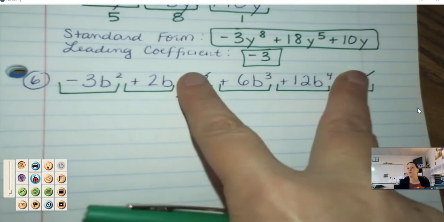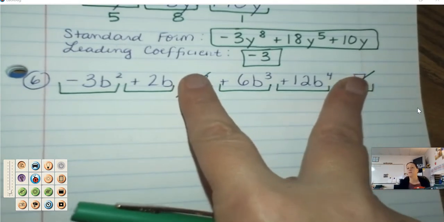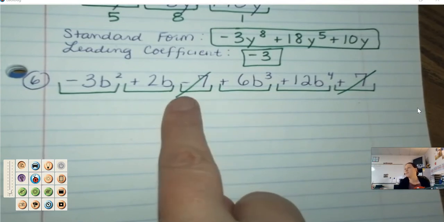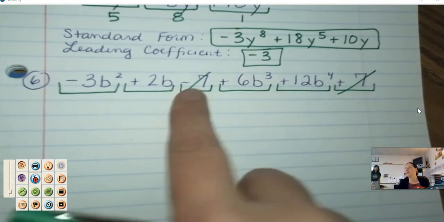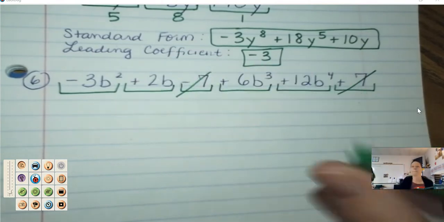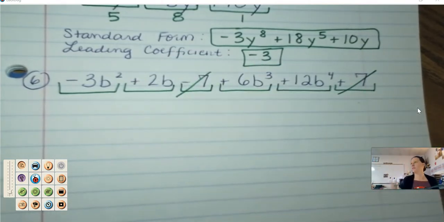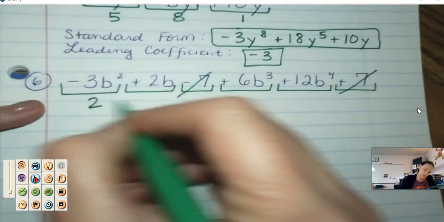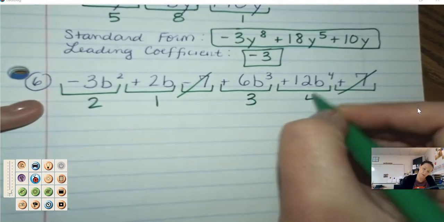My guess is they probably want it dropped completely. But if it's a test for me, I'm okay if you put it. It just hasn't been simplified. And if they have the same degree, it doesn't matter which one you put first. This is a 2, 1, a 3, and a 4.